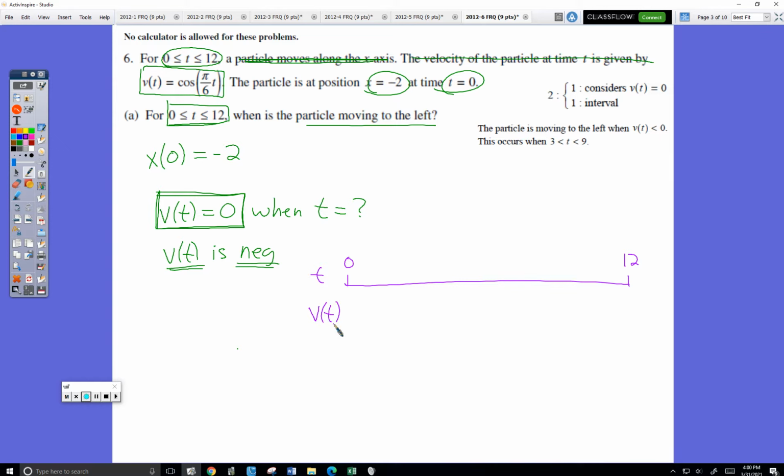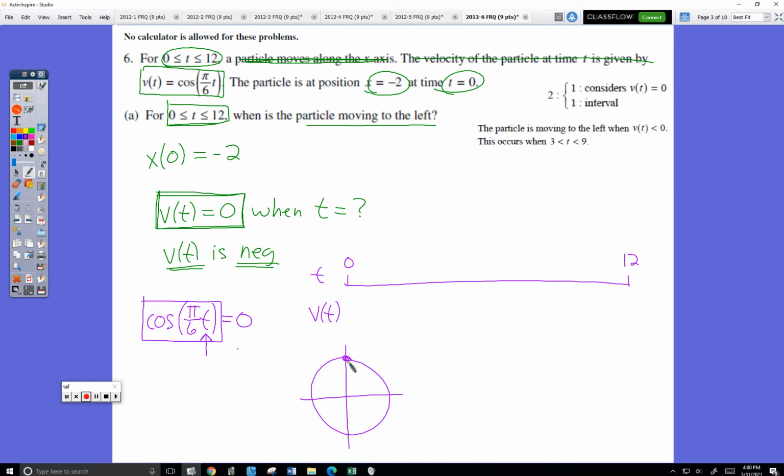That means I've got to figure out when the cosine of pi over 6 t has a value of 0. I've got to find the right time to make all of this 0. Well, unit circle, cosine is the across.